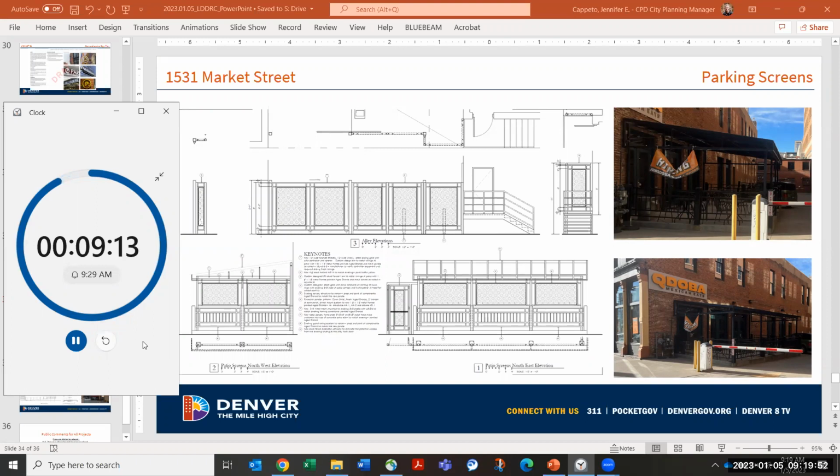And so we've been working with Graham from Spectrum General Contractors and Art Hoy, our architect, to come up with a design that accomplishes that while maintaining the aesthetic that we all have come to love in Lower Downtown.